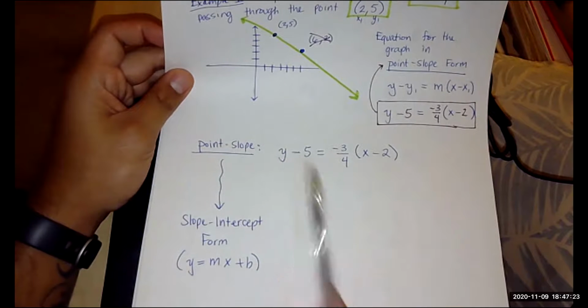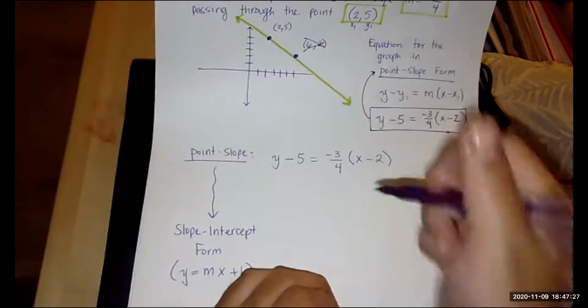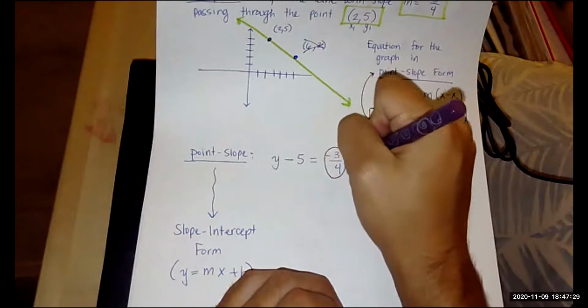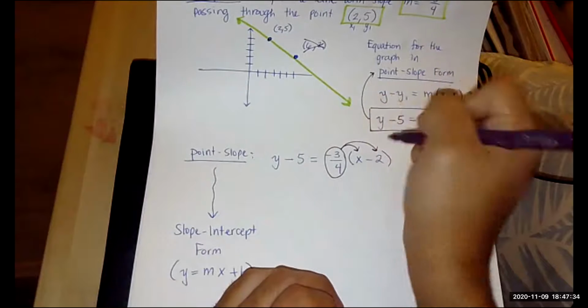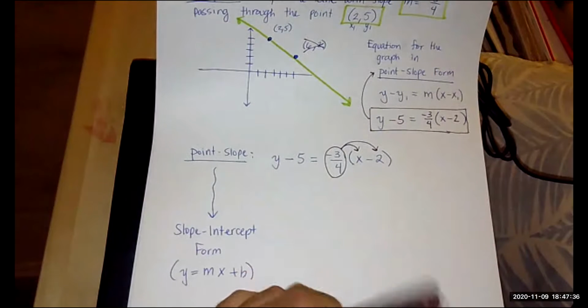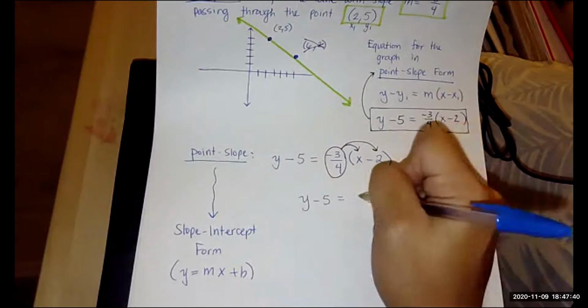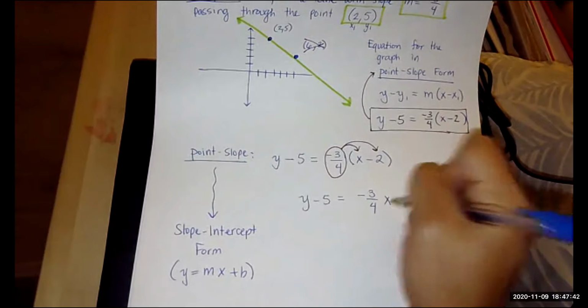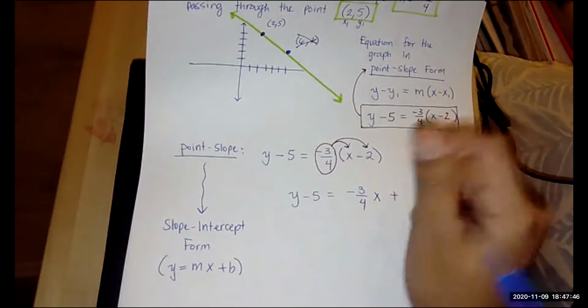So the way I would go about doing that is just a little bit at a time. You would distribute this number here and here, so that now we have y minus 5 is equal to negative 3/4 x. And then a negative times a negative would be a positive.